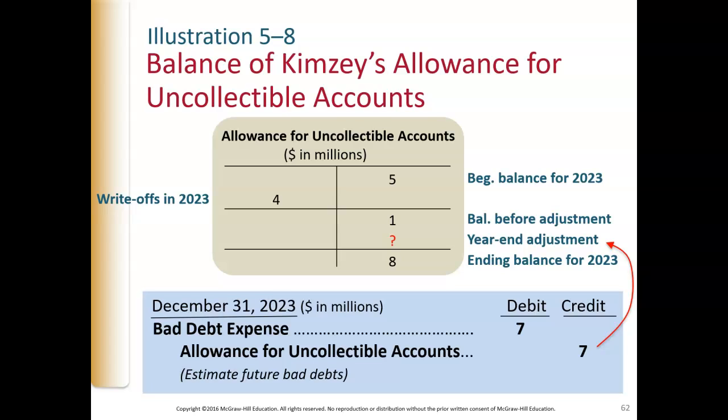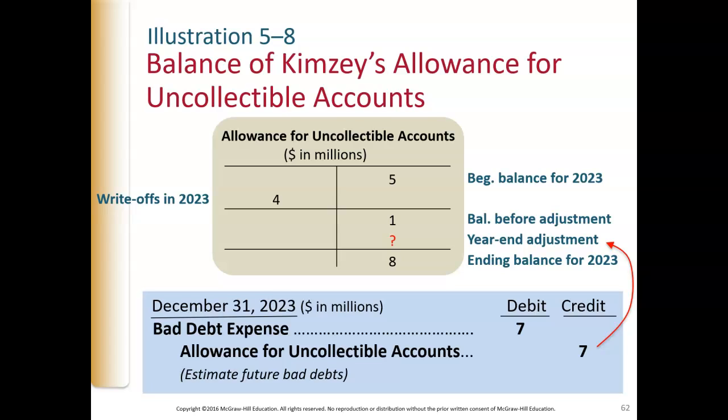So remember, when we say in 2024, here's what we anticipate our allowance to be, $8 million, that means that needs to be the bottom balance of the allowance for uncollectible accounts. And what we need to do is plug in the figure that gets us there. Okay?